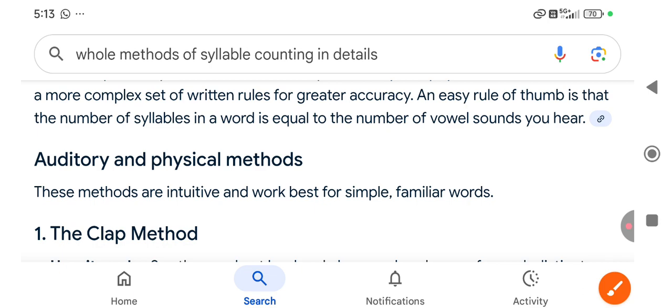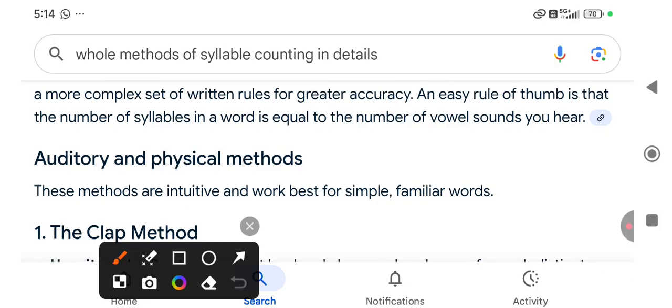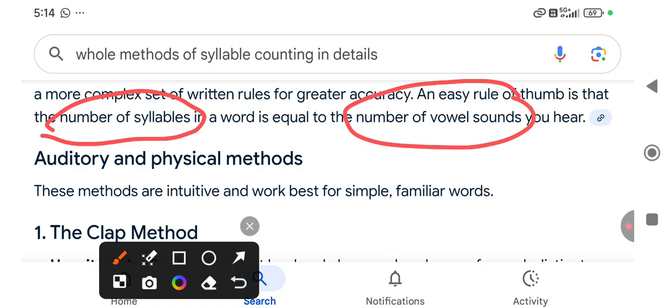Now, an easy rule of thumb is that the number of syllables in a word is equal to the number of vowel sounds. That's a very basic and very good idea. The number of syllables and the number of vowel sounds are equal, so this way also you can remember the syllables in a word.